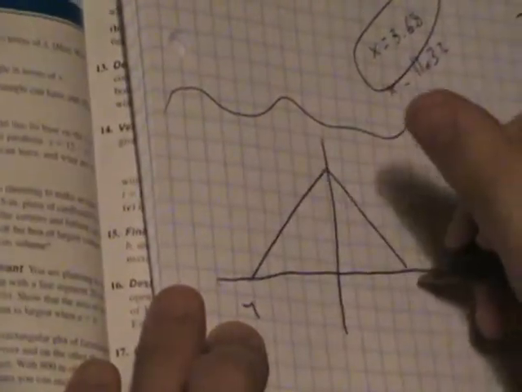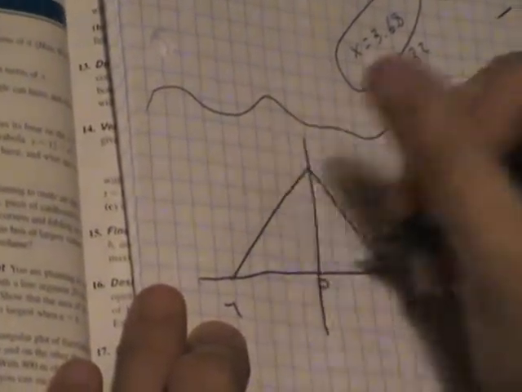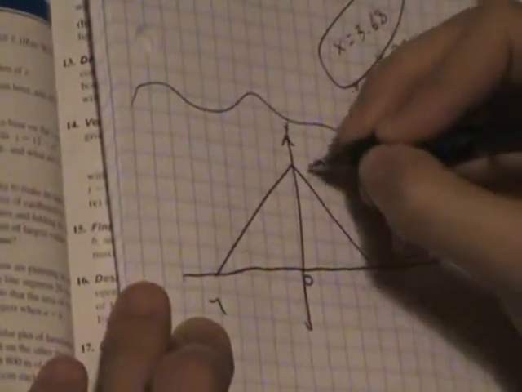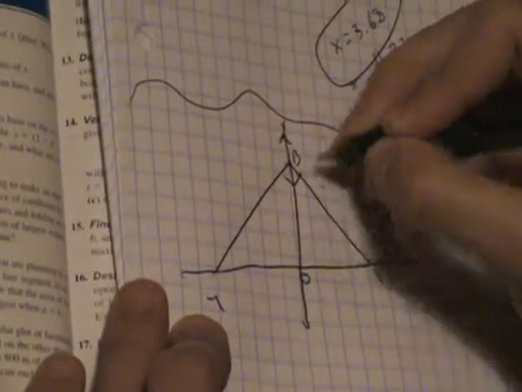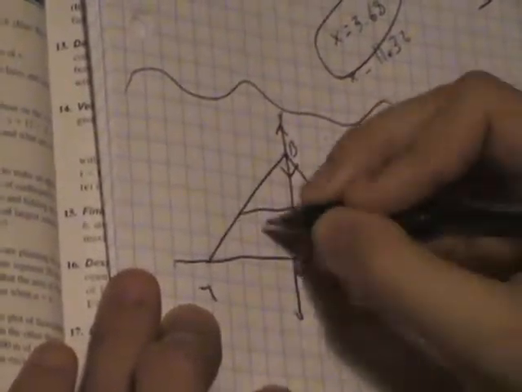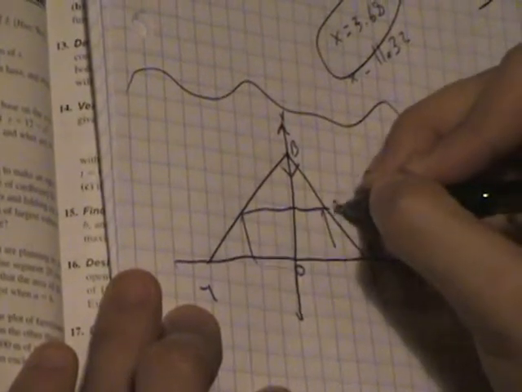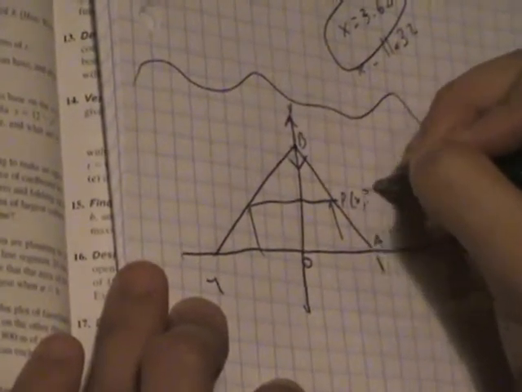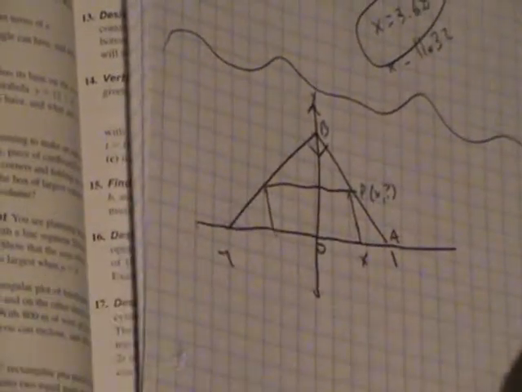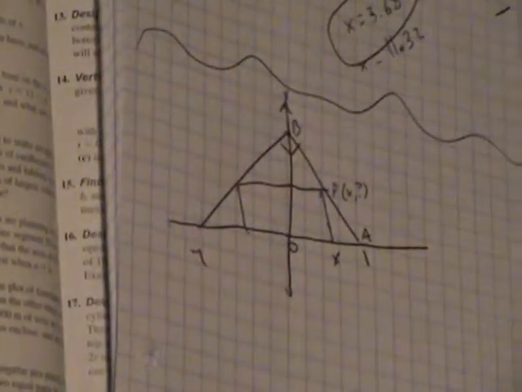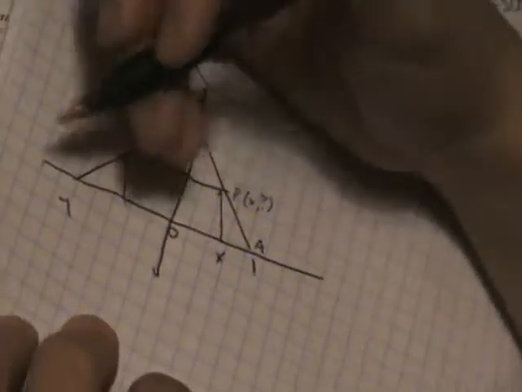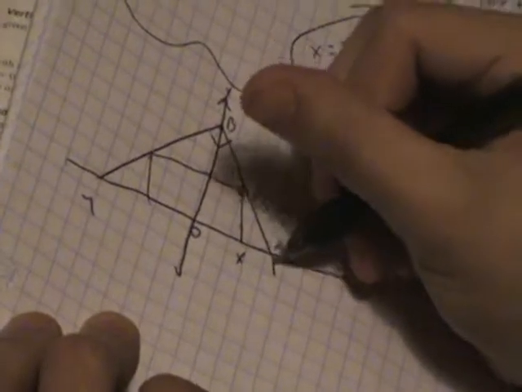This is at -1, this is at 1, this is 0, this is the y-axis, this is B, this is A, and this is P, which is (x, ?), and this is x. So this shows a rectangle inscribed in an isosceles right triangle whose hypotenuse is 2 units long. Hypotenuse being this side, hopefully you know that from geometry.